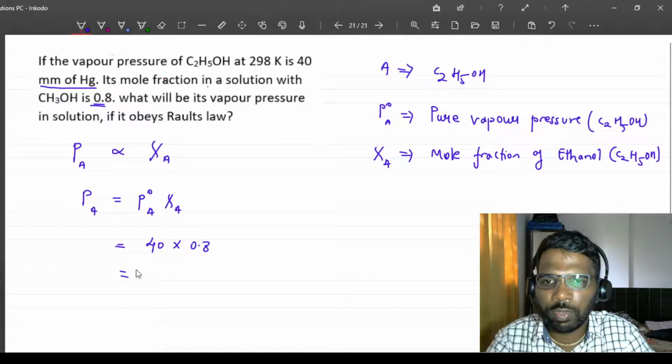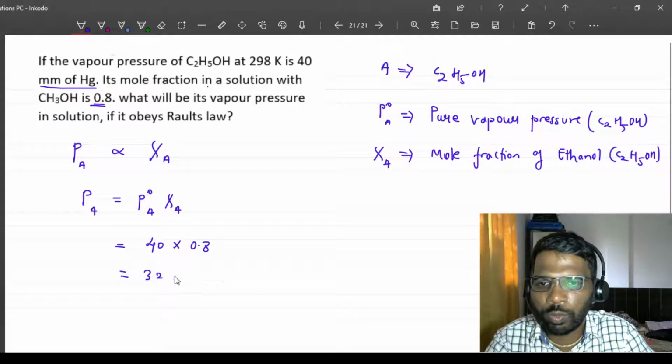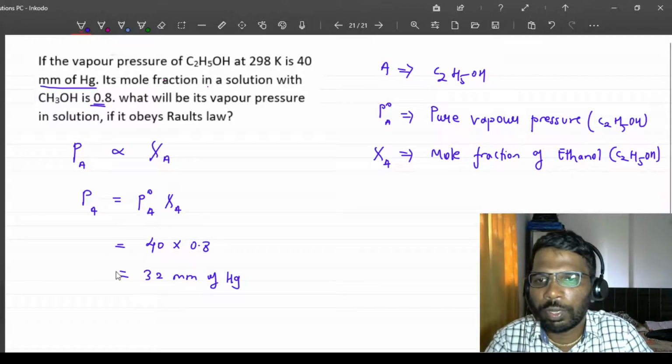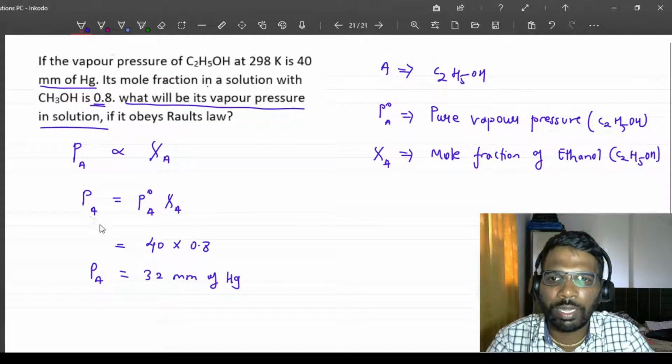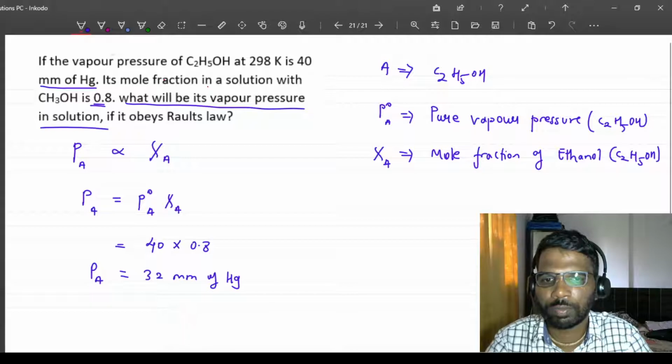If you solve this further, the answer comes to be 32 mm of mercury. This will be the partial pressure. So what will be its vapor pressure in the solution? Vapor pressure in the solution means we are calculating the partial vapor pressure.